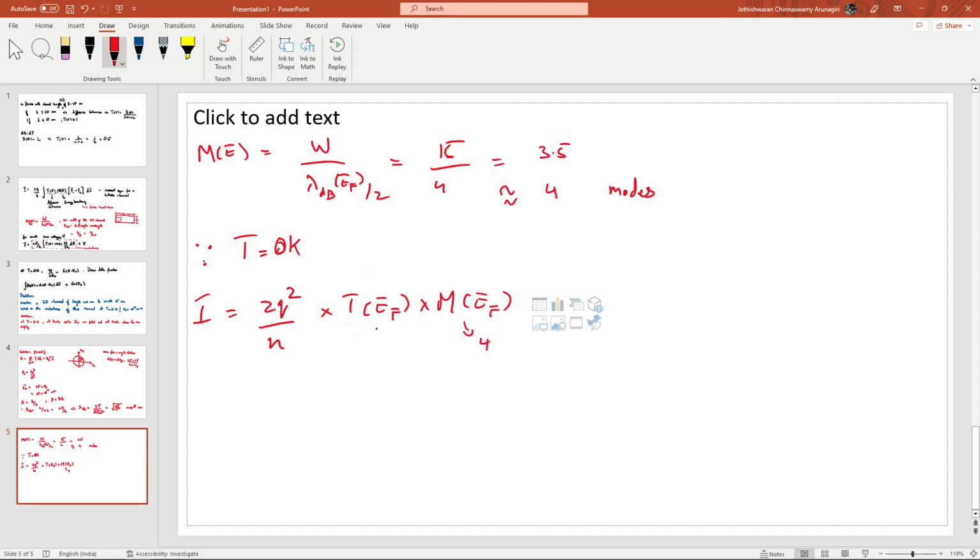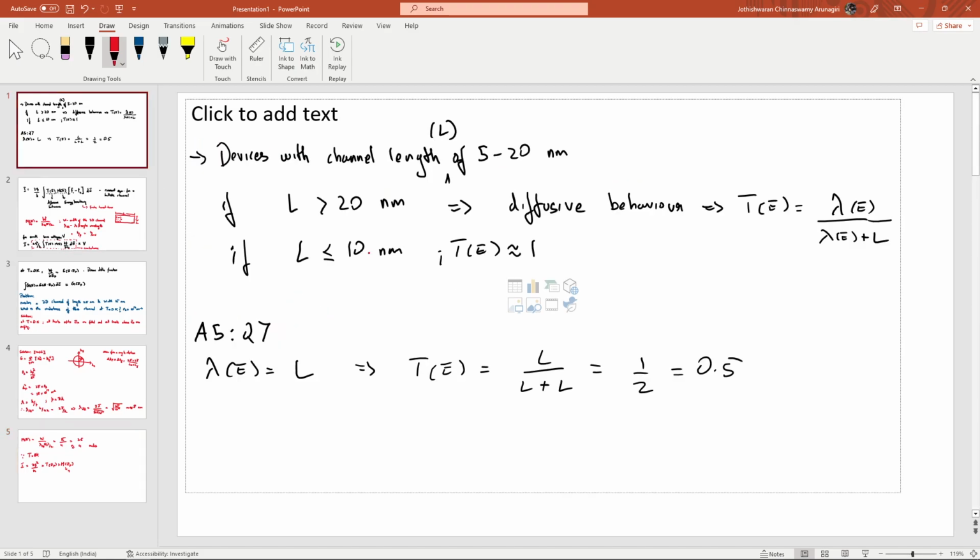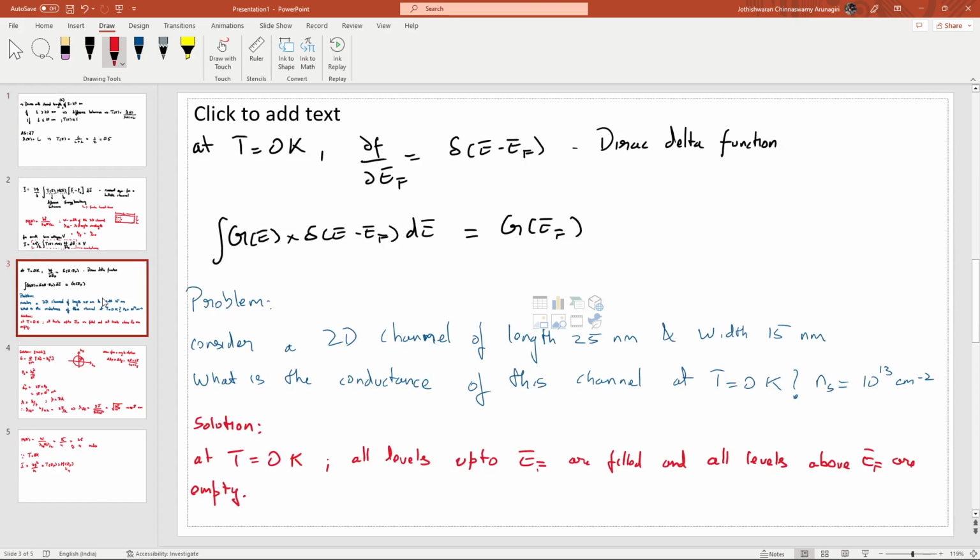What should be the value of T of EF? Should we set this to be 1 or should this be calculated manually? So for that, we'll look at the length of the channel. The channel is 25 nanometers, because it's in nanometer scale.